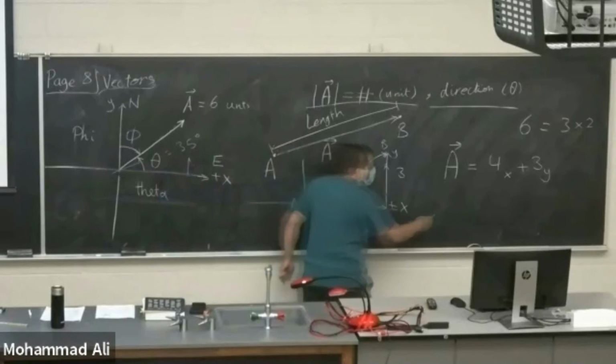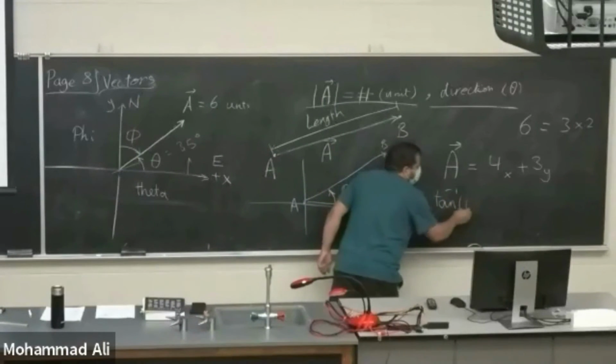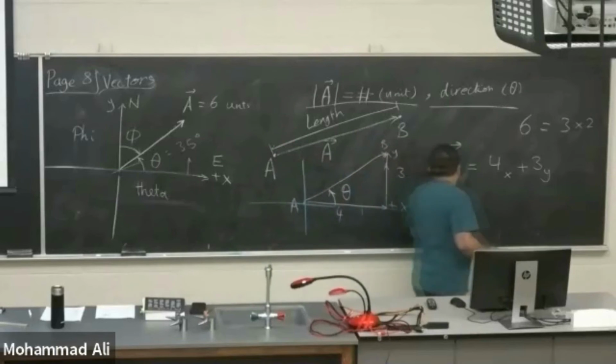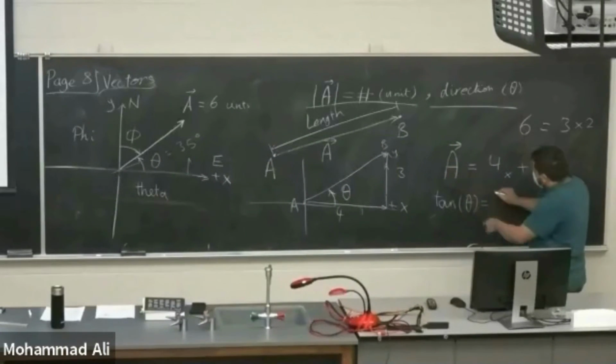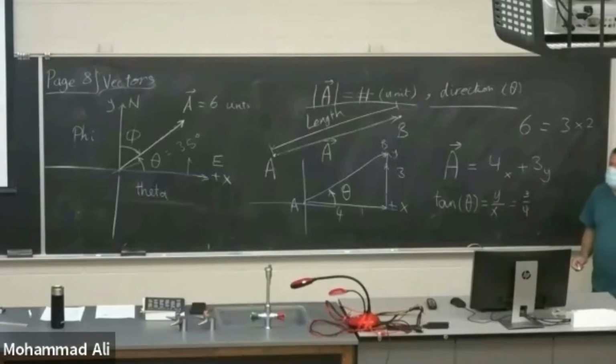Because tan theta, let us talk about tan theta, is the y component over the x component, which is 3 over 4. Yesterday we solved it and we found theta as 35 degrees, I think, or something like that.